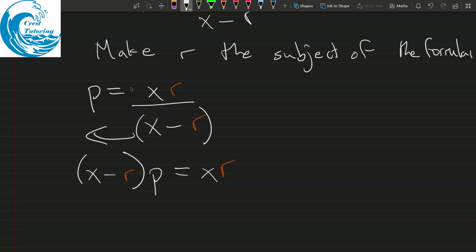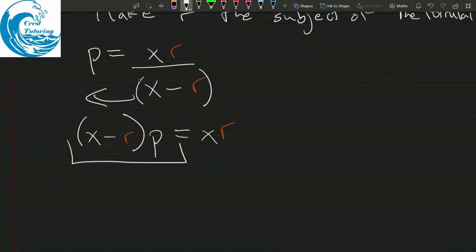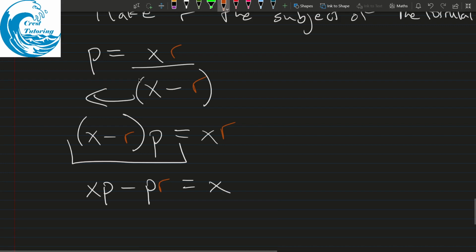Okay, so you can see now still we have two r's. Now I'm going to multiply out this side. So I'm going to say xp minus pr equals xr. Okay, so now we're getting somewhere. We have them multiplied out.